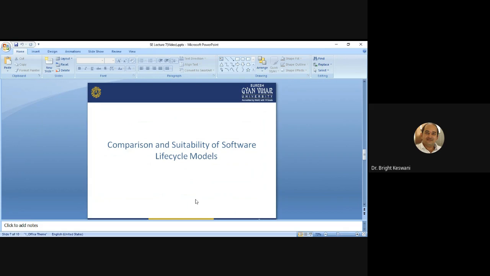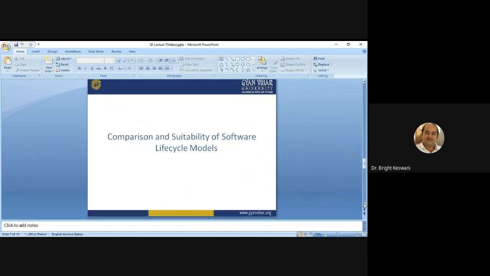So, risk driven nature is the second advantage of the spiral life cycle, and controlling over the development process and systematic planning. These are the other advantages of the spiral life cycle.